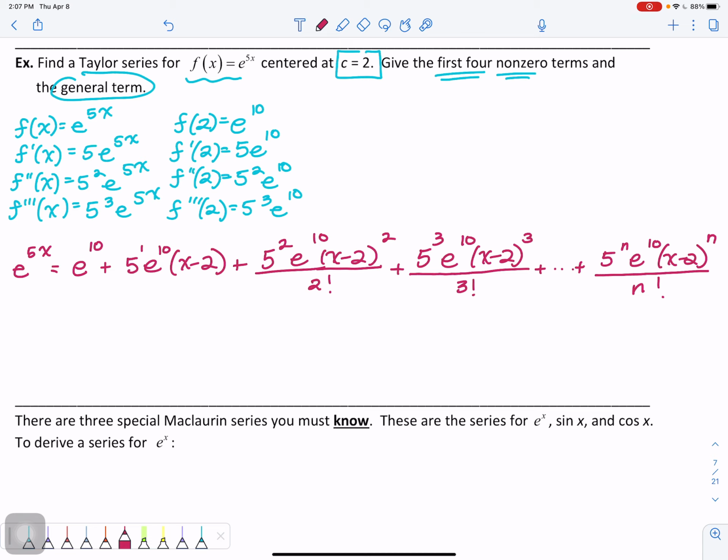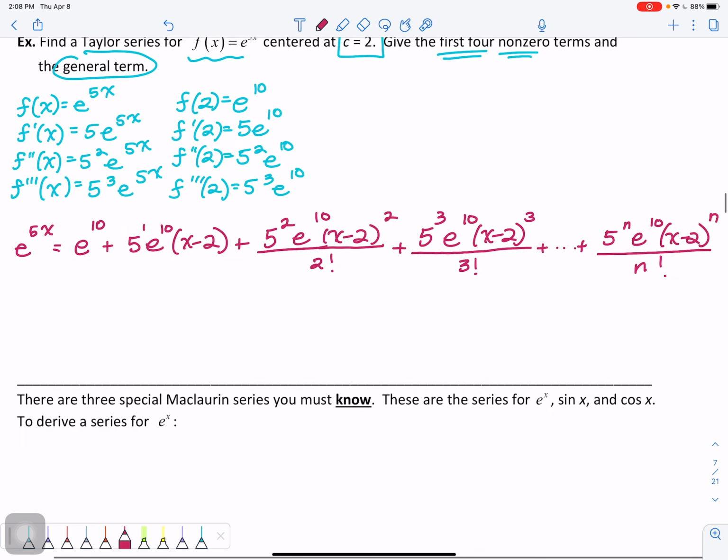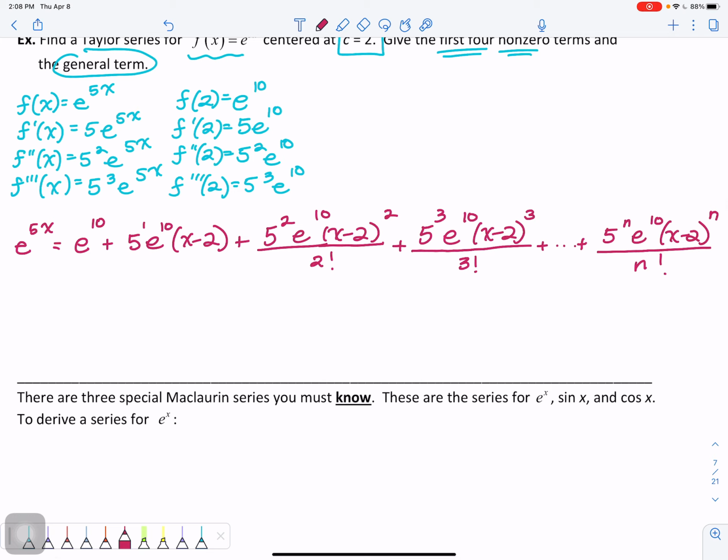So just using a pattern, what we see looks pretty good there. Now, we'll go ahead and say that this is equal to the series n equals 1 to infinity of 5 to the n e to the 10th, x minus 2 to the nth power, all divided by n factorial. Pretty cool.